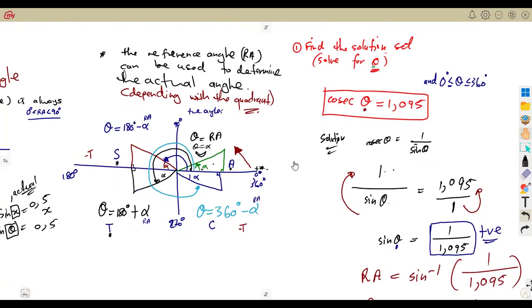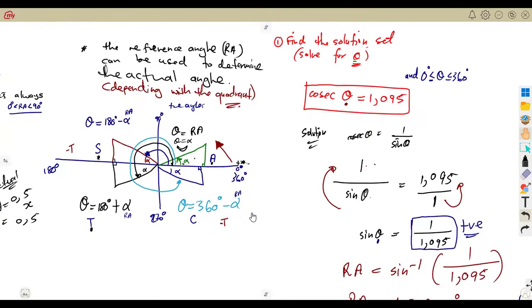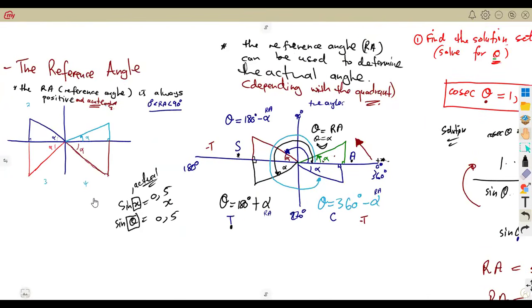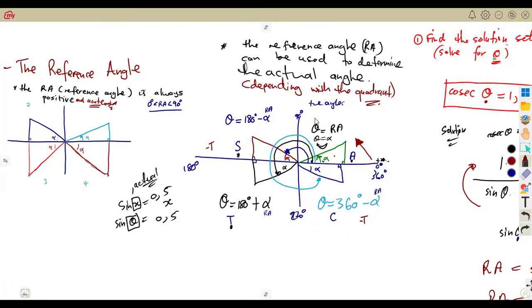So you need to revise much on your reference angles because they can ask you to determine the solution set. For the solution set, you will need the reference angle, and for that you're going to need the inverse, arcsine or arctan, of the positive value that you're given. Then you analyze your final answer with the quadrants always.